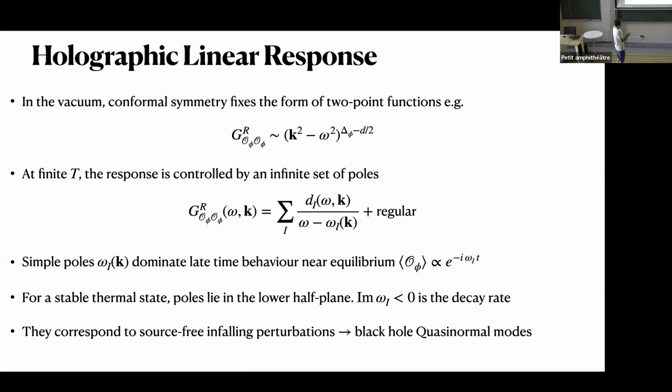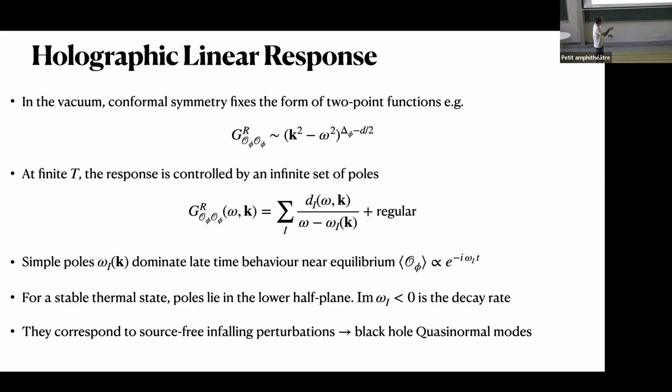Now, if I want my background phase, or my background state, or the thermal phase, to be stable, basically all the imaginary parts of these poles will have to be negative. Otherwise, if I do the real-time computation, I would find some exponentially growing modes, which I don't want, or which I might want if I want some kind of phase transition.